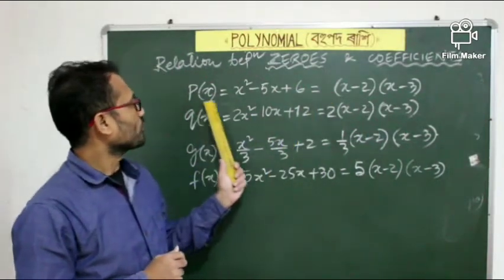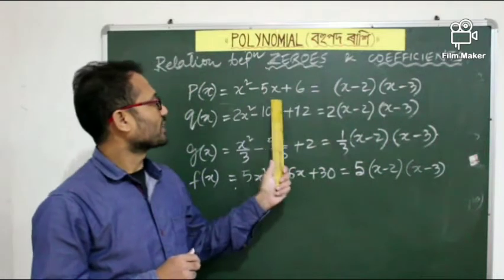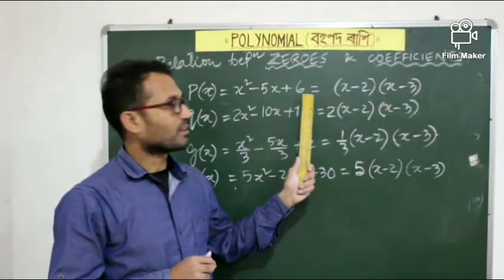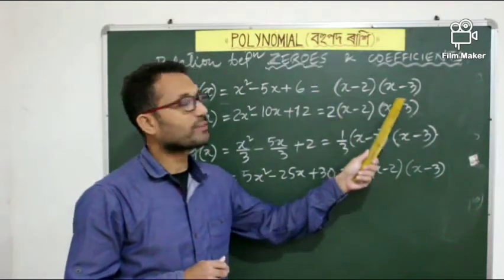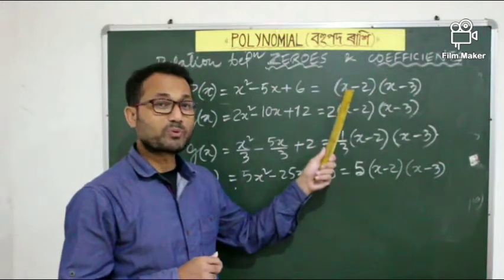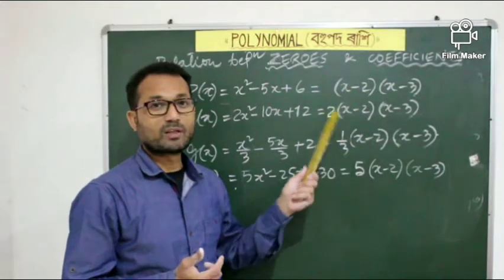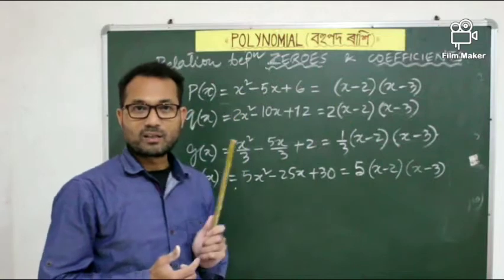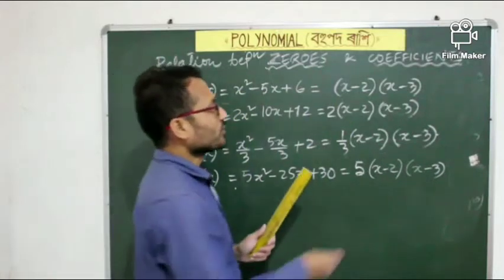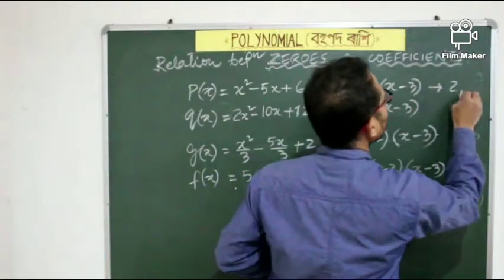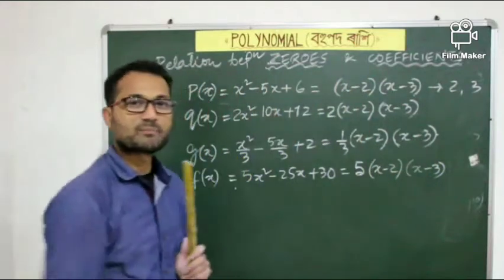You tell me what will be the zeros of this polynomial x squared minus 5x plus 6? Of course 2 and 3, because when you put 2, x minus 2 equals 0, and ultimately the whole polynomial will be equal to 0. So the zeros will be 2, 3 for this polynomial.